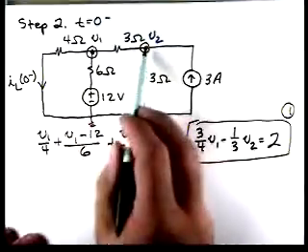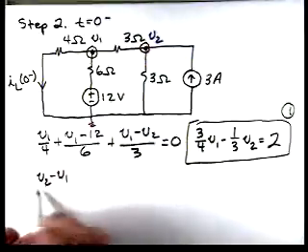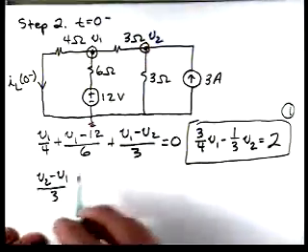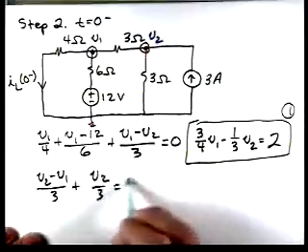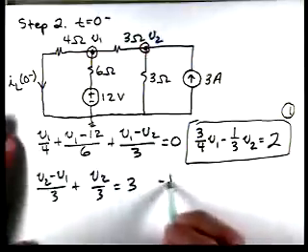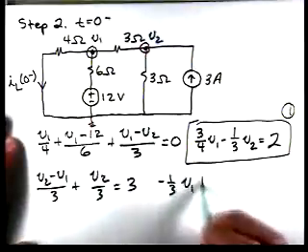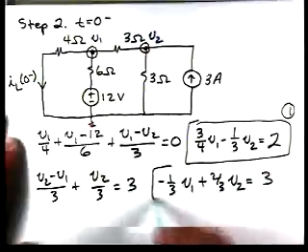Now let's do KCL at this node. We'll have V2 minus V1 over 3 plus V2 over 3 equal to 3. So now we have minus 1/3 V1 plus 2/3 V2 is equal to 3.